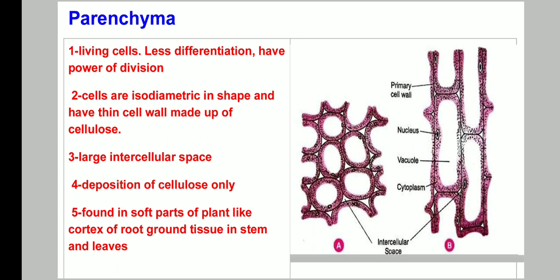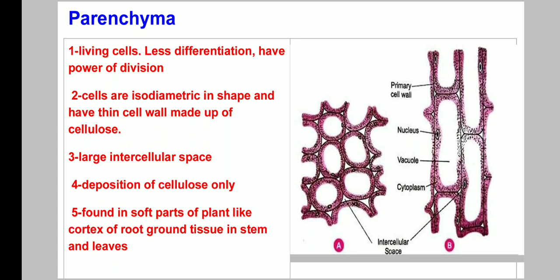and they can have the power of division also. So we can differentiate cells of parenchyma from meristematic tissue cells with the help of only the presence of intercellular space and the large vacuole, right?